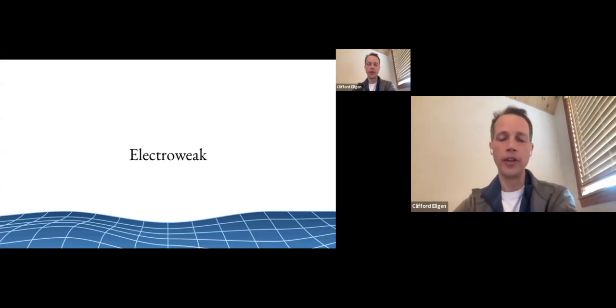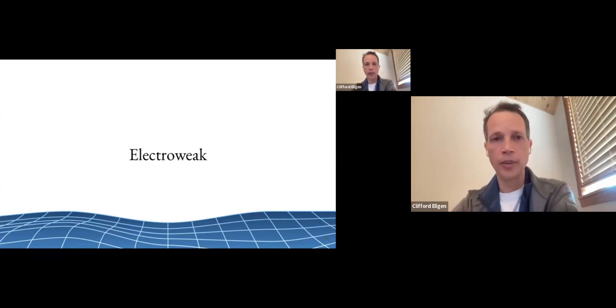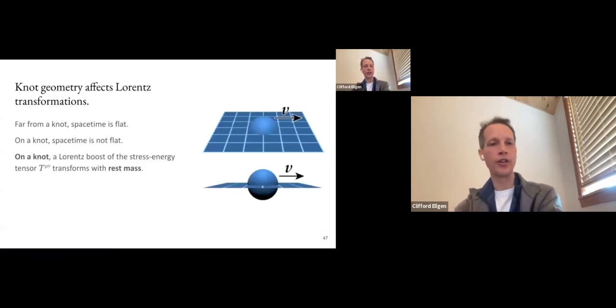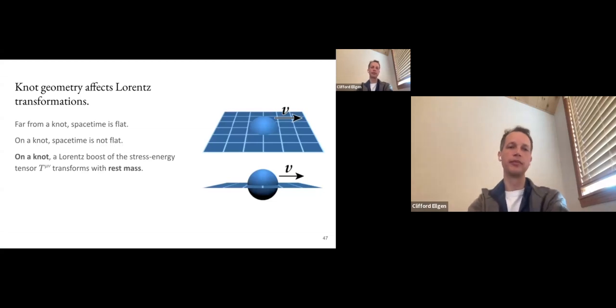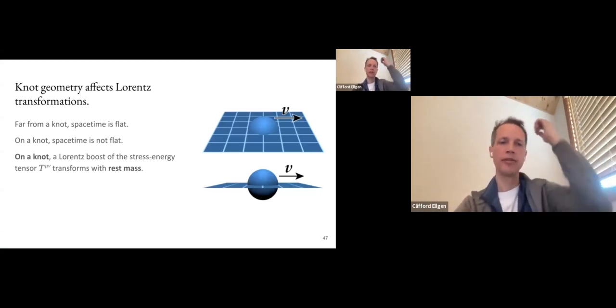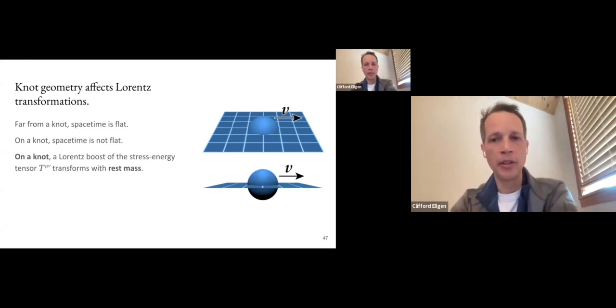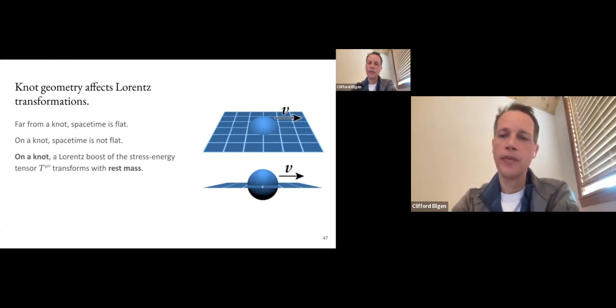There is a way of unifying electromagnetism with the weak force called the electroweak unification. And here it's a geometric picture. If we look far away from a knot, spacetime is flat. But at a knot, spacetime is not flat, and this knot bulges up out of the spacetime manifold.